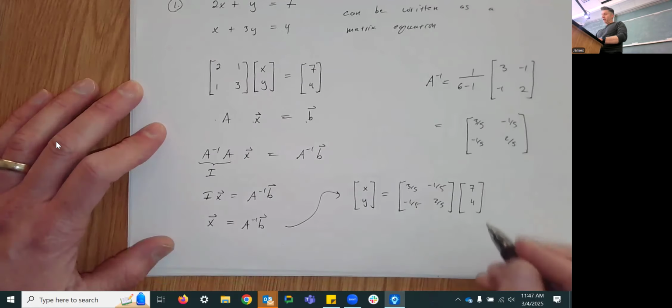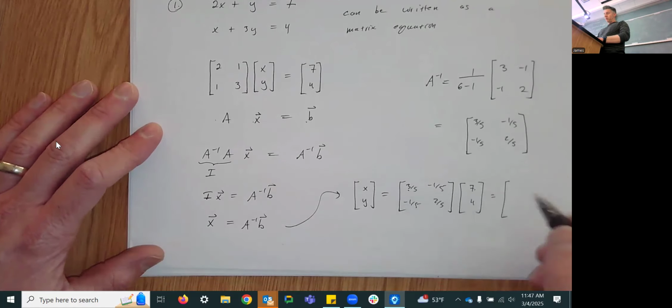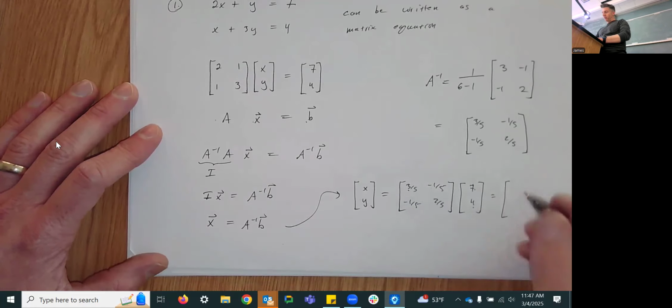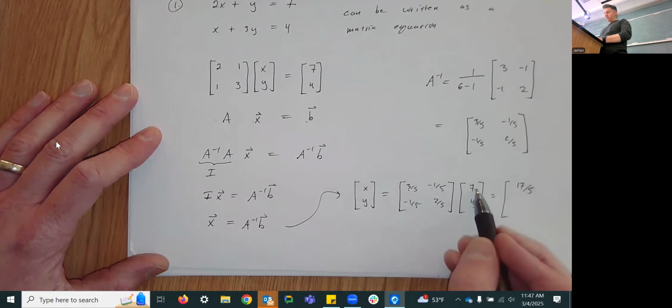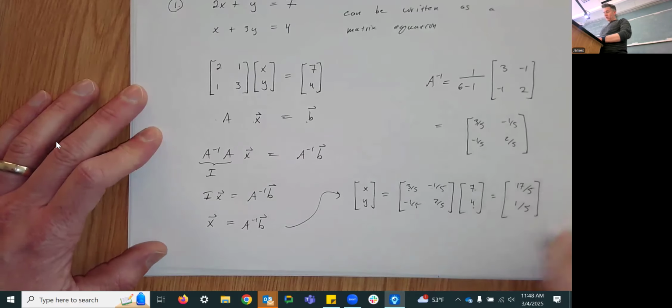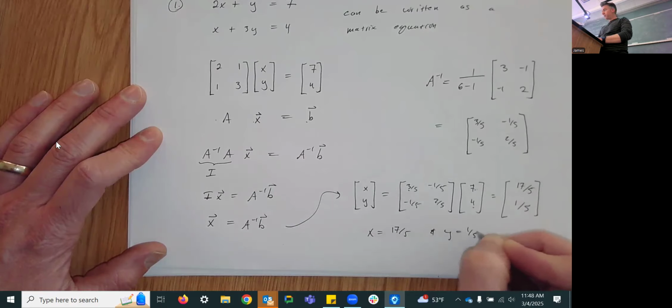And then if you actually multiply it out, you get 7 times 3/5, which is 21/5, minus 1/5 times 4 is minus 4/5, so you get 21 minus 4, so 17/5. And then negative 7/5 plus 8/5 is positive 1/5. So the solution to the system is X equal to 17/5 and Y equal to 1/5.